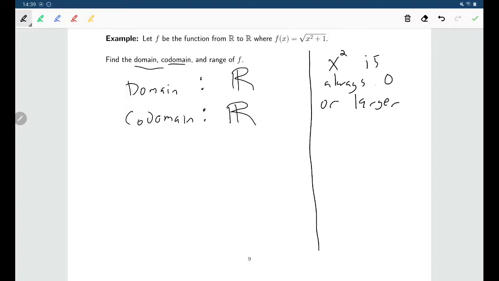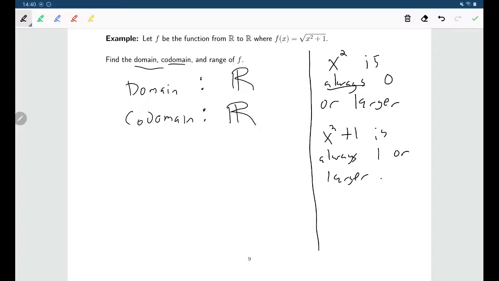So this is one fact. x squared will always be 0 or larger. No matter what value you put in for x and square it, the smallest it could ever be would be 0. And that means that x squared plus 1 is always 1 or larger.